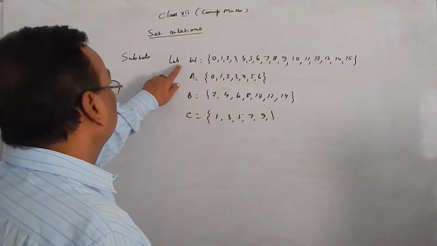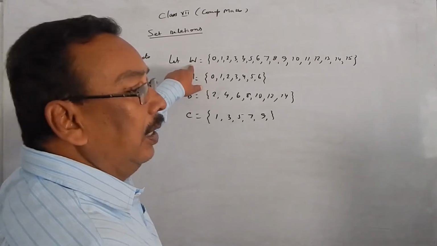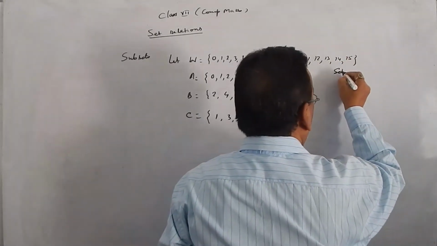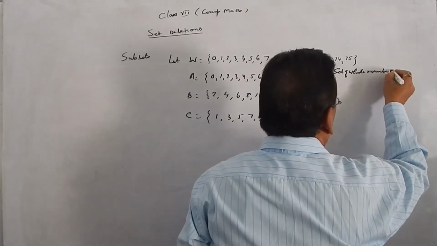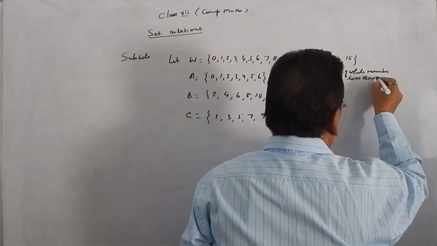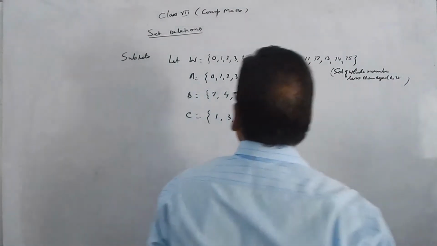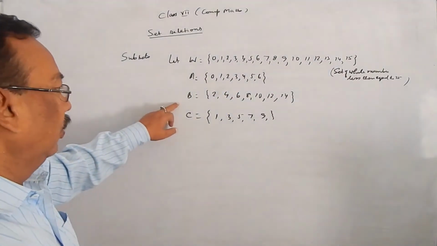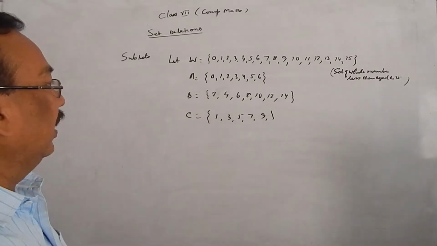We take W, the set of whole numbers less than or equal to 15. A equals this set, B equals this set, and C equals this one. Now see this one.